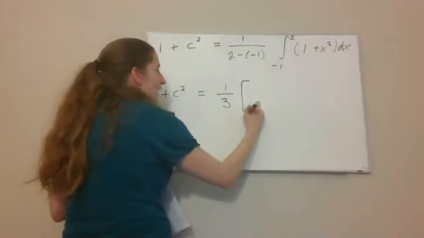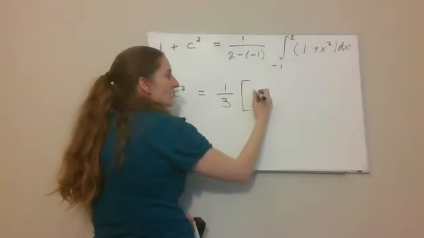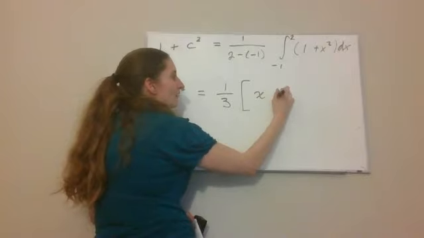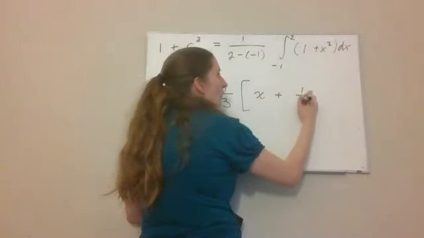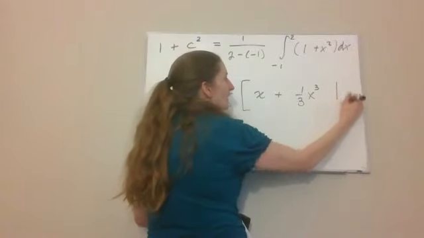And now let's find this definite integral. Remember, we need the antiderivative. So I get x plus 1/3 x to the 3rd, and I'll be plugging in these numbers.